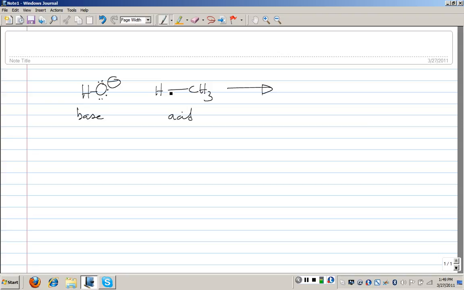Methane certainly has H bound to carbon, so it could potentially function as an acid, a proton donor. So if any reaction is going to happen, hydroxide would use its electron pair to deprotonate the methane. The 2 electrons in the C-H bond get dumped onto the carbon, and I end up with HOH, in other words water, and CH3 minus.